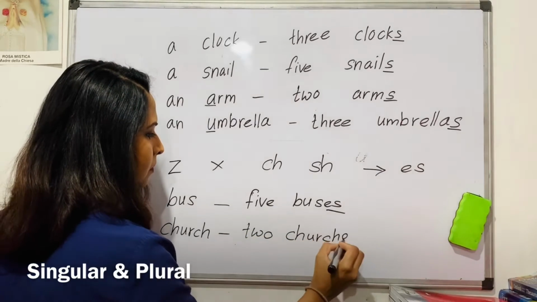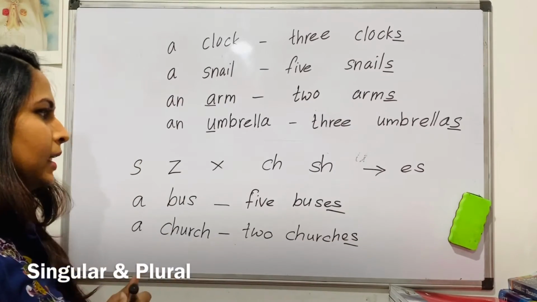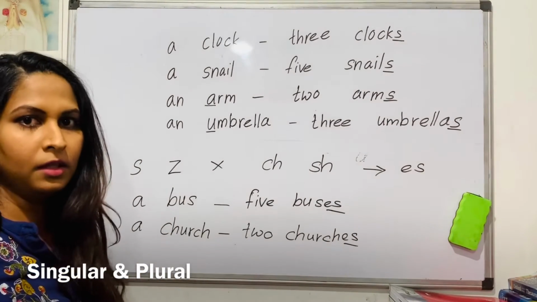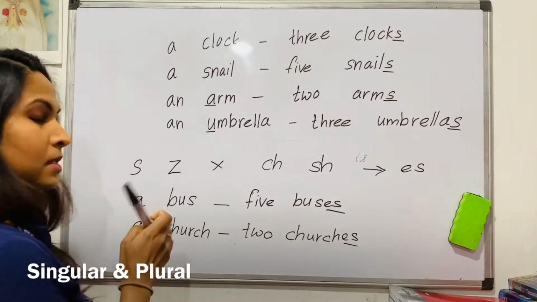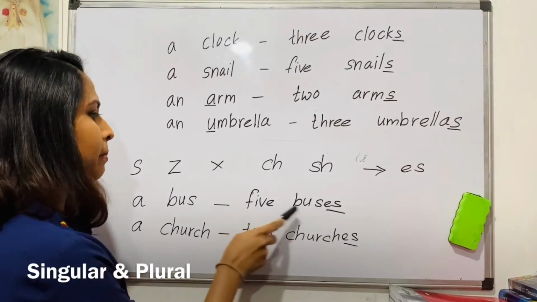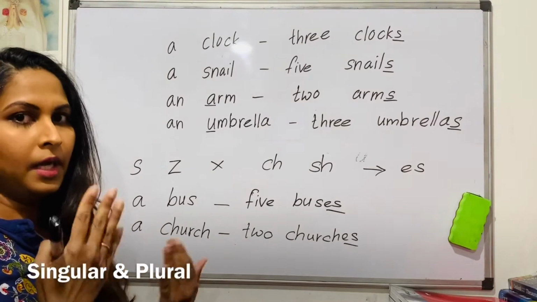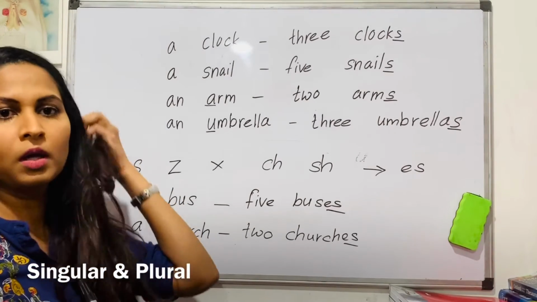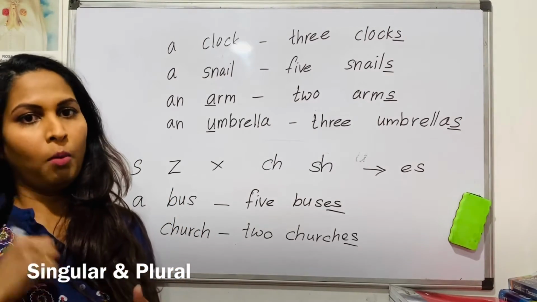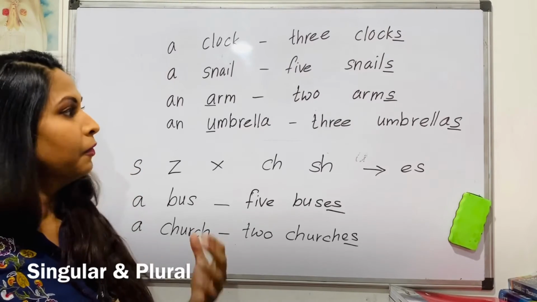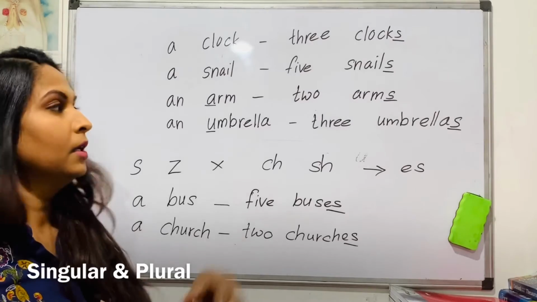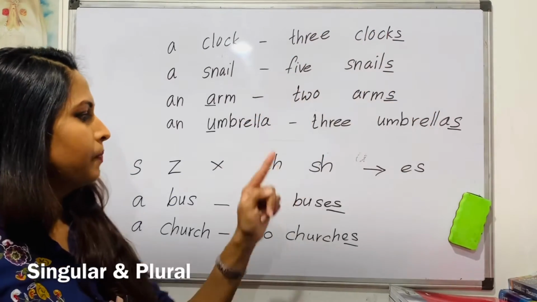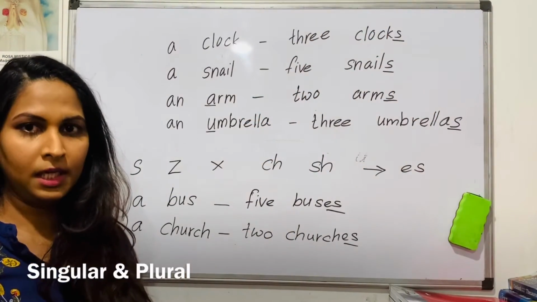Churches. We add ES at the end of the word. A bus, only 1. 5 buses, there are more. Then when you talk about 2 or more, you have to make the noun into plural by adding S or by adding ES.